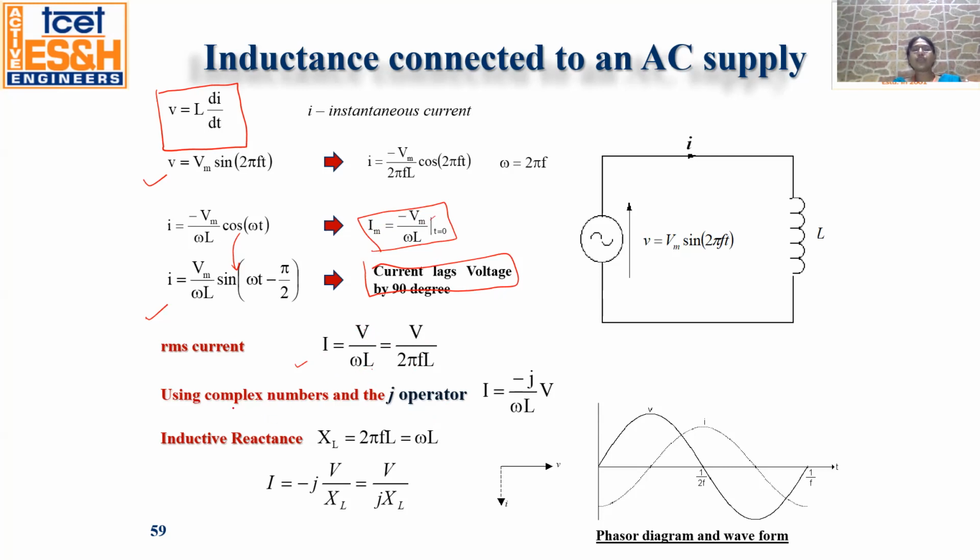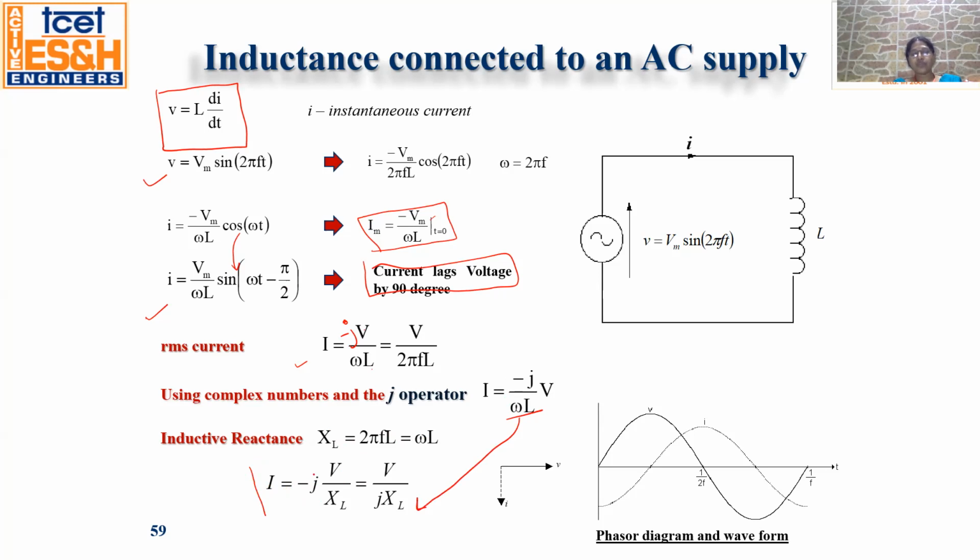Now, use of complex numbers and the J operator here. When you use the J operator, you write I is equal to minus J V by omega L. Inductive reactance is omega L, so in place of omega L you can write XL directly.